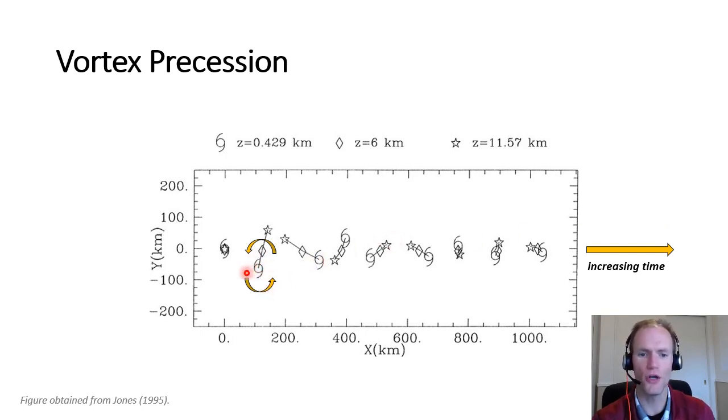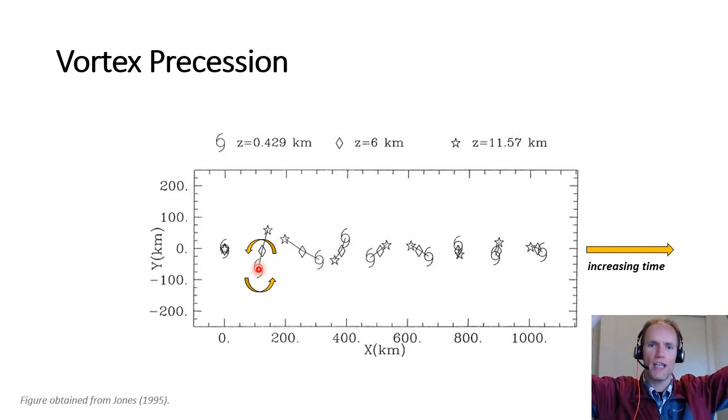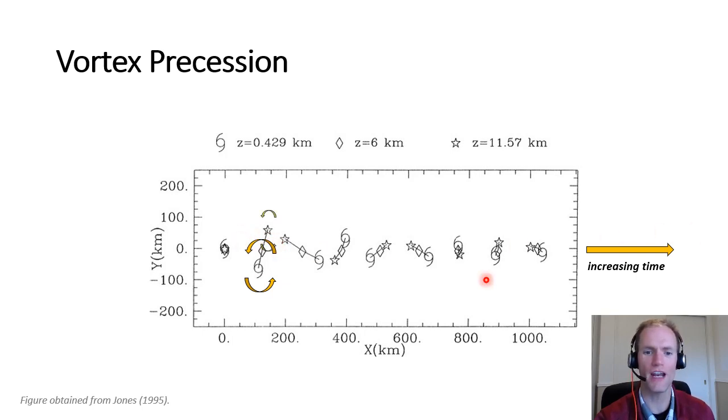If you take this low-level circulation, it again is still going to have a reflection as you go upward, and that's what these yellow arrows are depicting. So this upper-level vortex is now going to feel this east to west flow here. In turn, that upper level vortex is going to have a reflection down to the surface as well. So this surface circulation is going to feel a west to east flow.